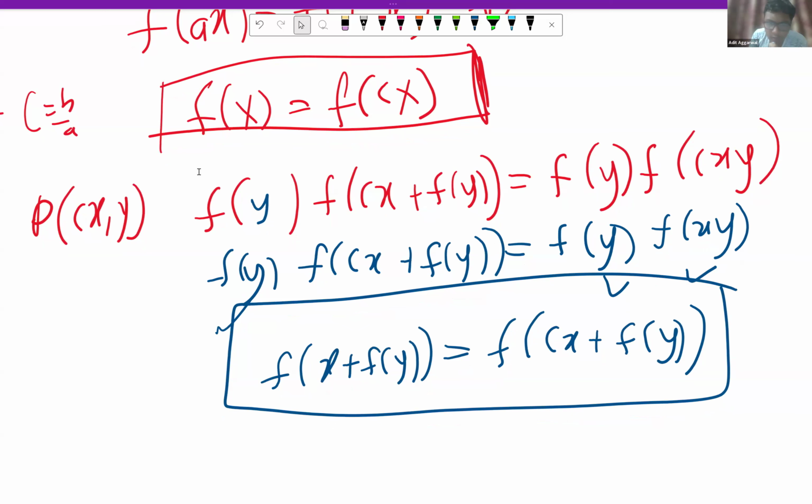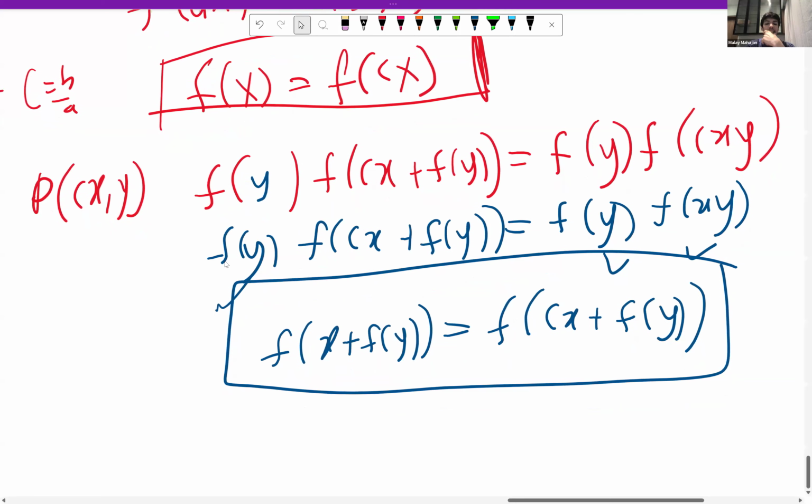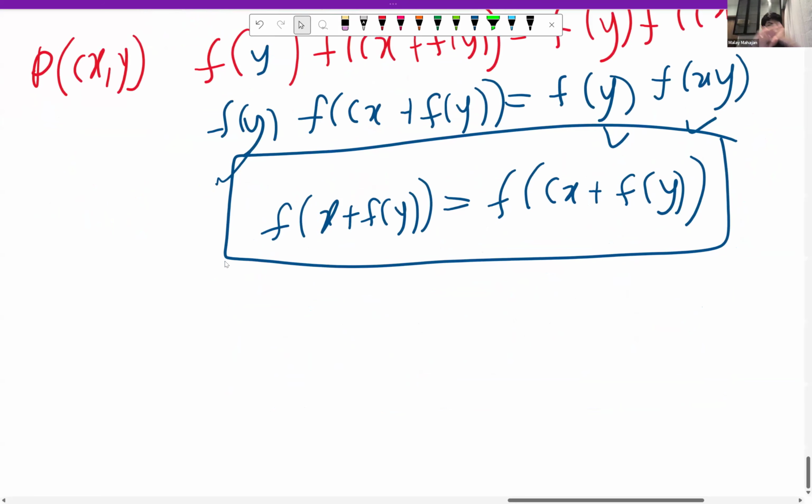So then this quantity should also be equal to like f of x plus f of y over c, I think. Yeah. So instead of doing by c, I'll just multiply this by c. So remember, this is also equal to f of cx plus cfy.